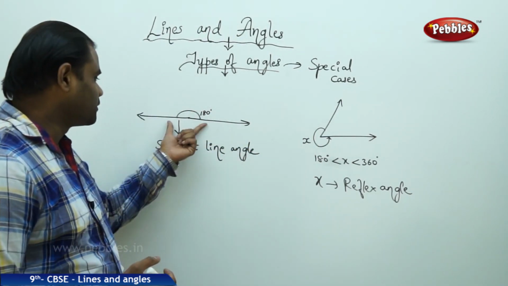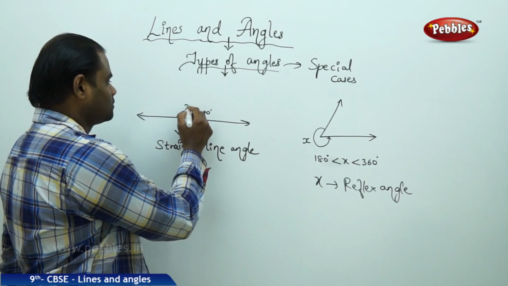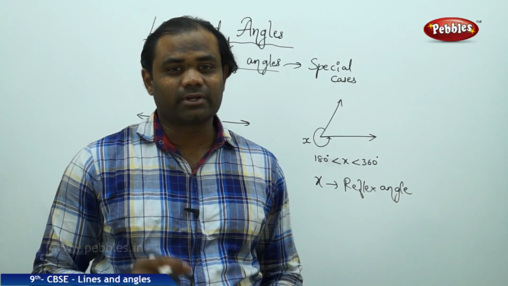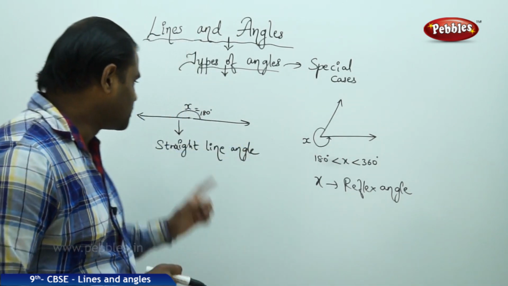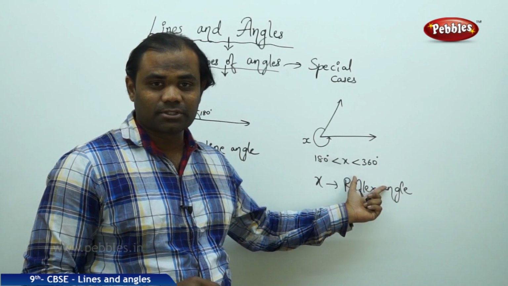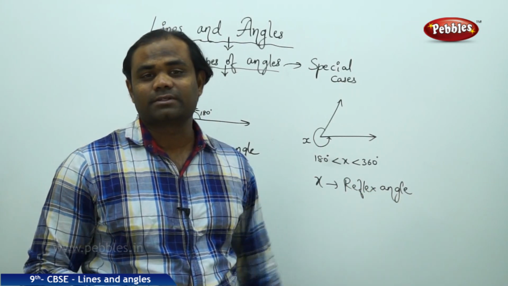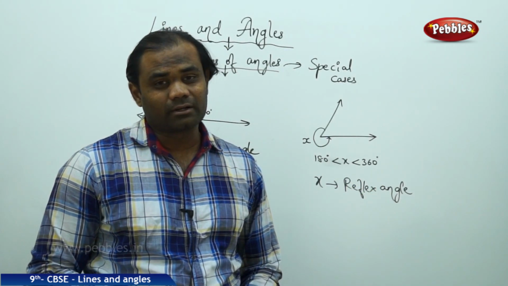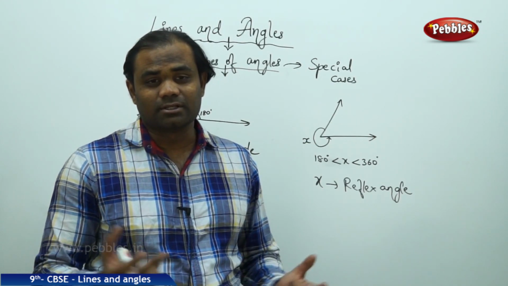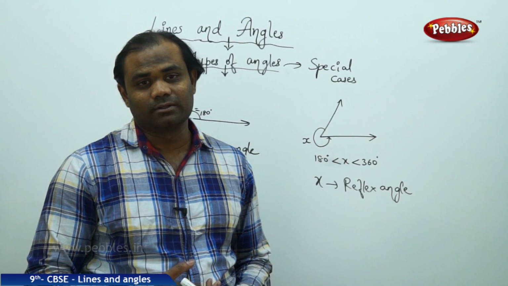X equals 180 degrees implies that the angle is called a straight line angle as made by the two rays. X greater than 180 and less than 360 is called a reflex angle. Straight line angle and reflex angle are the special cases of the types of angles.